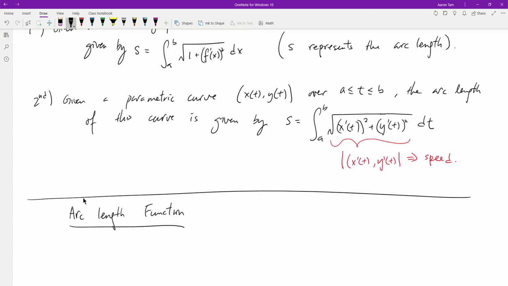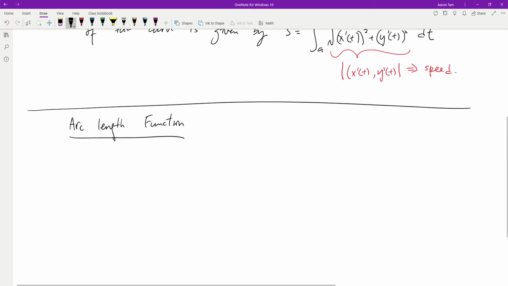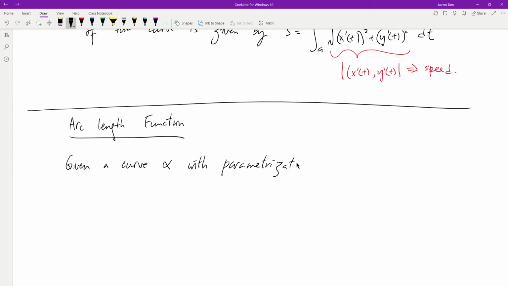And so here's the definition. Let's say given a curve, I'm going to call it alpha, with parameterization g of t over the interval from, let's say, a to b.